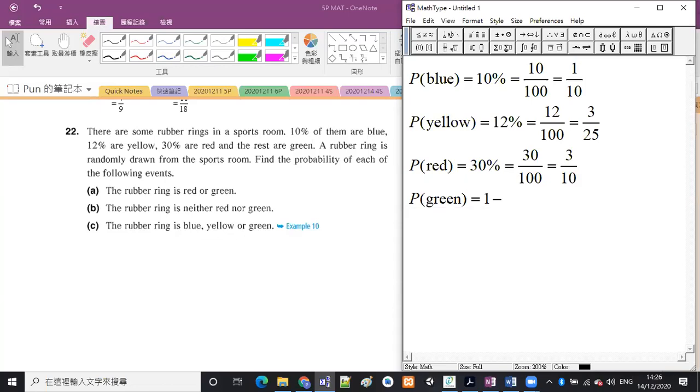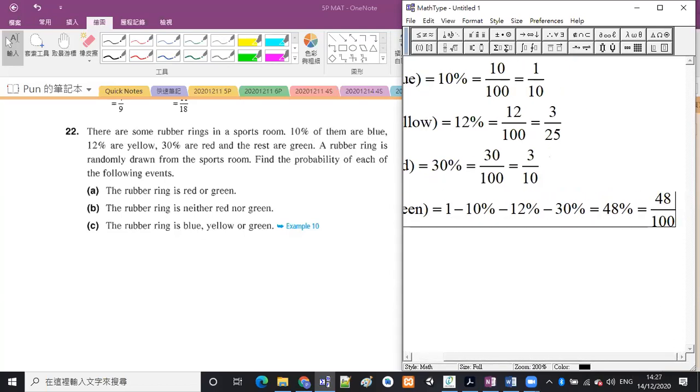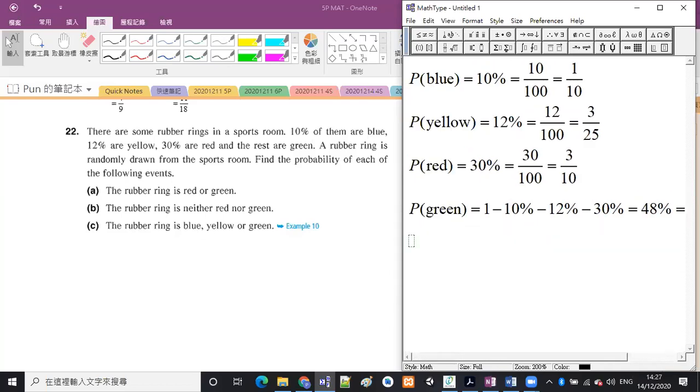That is 1 minus 10% minus 12% minus 30%. So the percentage of green rubber rings should be 1 minus the other 3. That should be equal to, is it 48%? And 48% is equal to 48 over 100, and that will be simplified to 12 over 25. And this is our preparation.